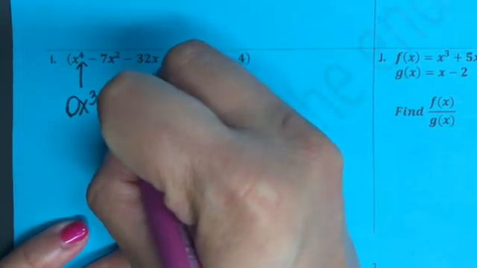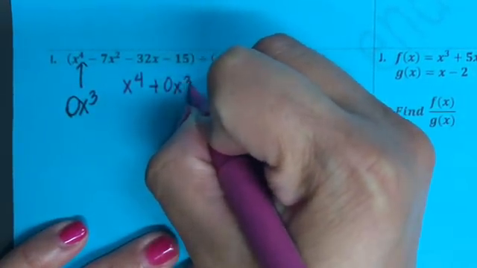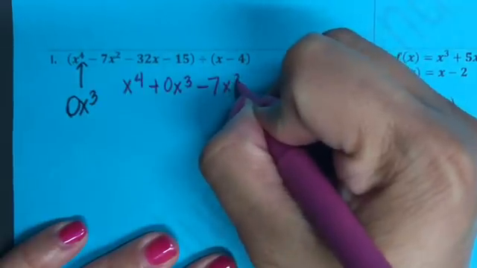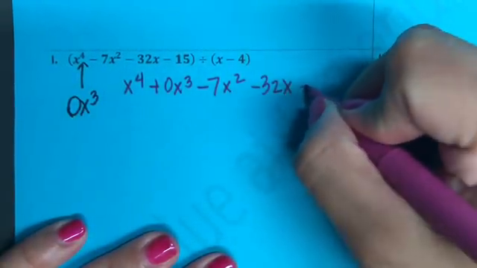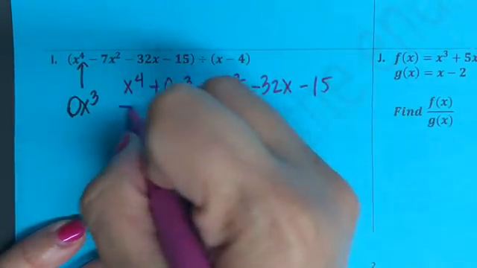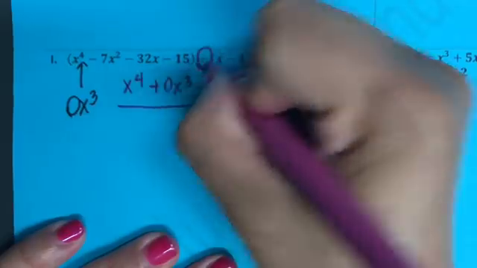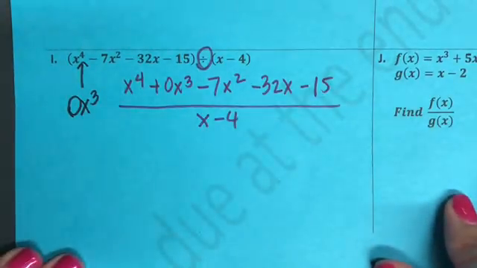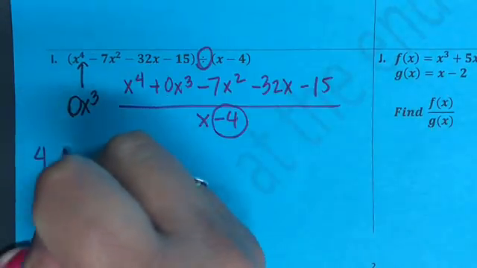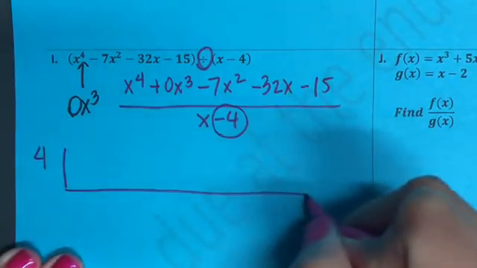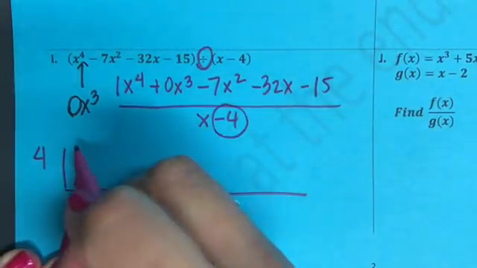So that means I'm going to have x to the fourth plus 0x to the third minus 7x squared minus 32x minus 15, all of that divided by x minus 4, because that's division.